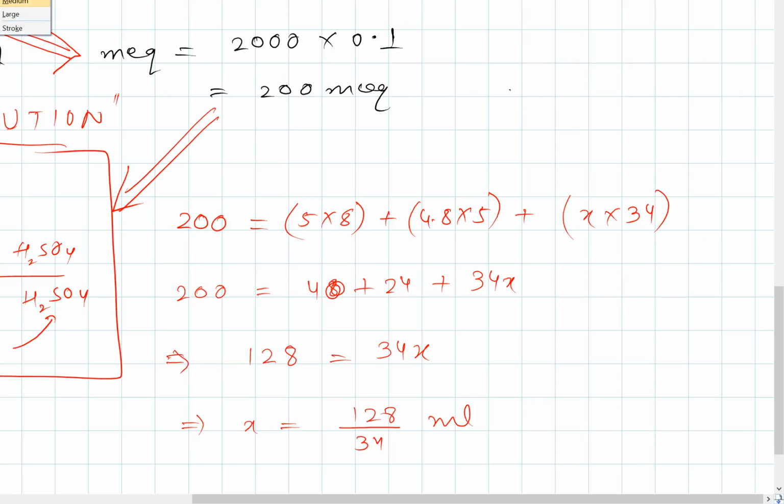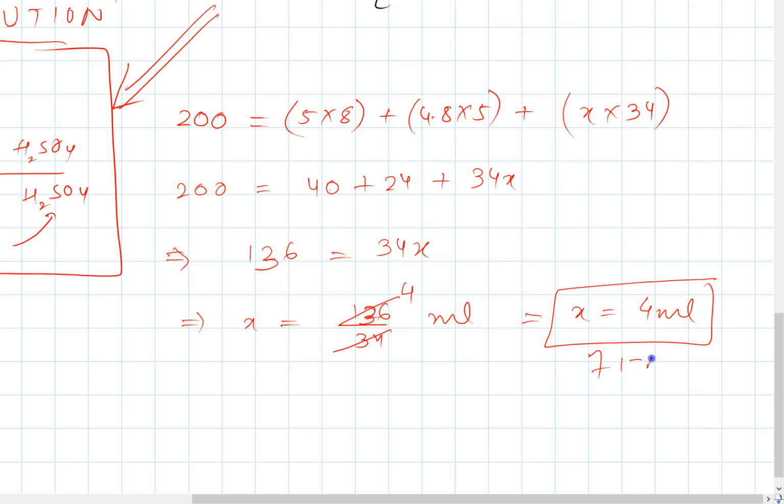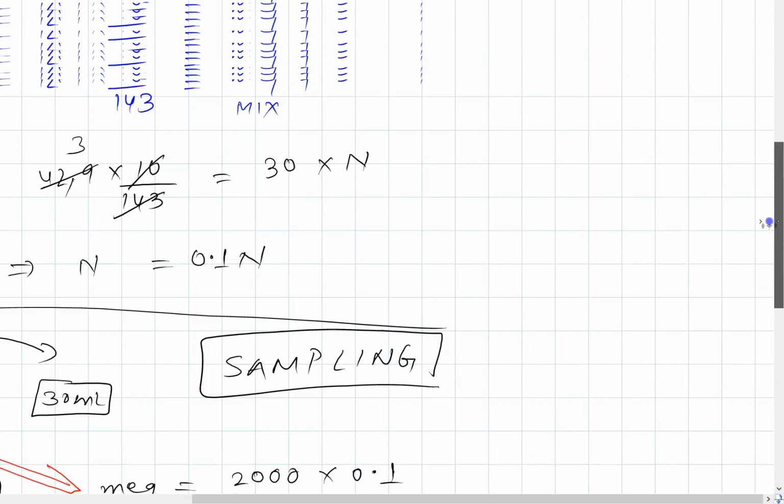Sorry, we'll do a little calculation change. 5 8s are 40 plus 24 is 64. 200 minus 64 is 136. So it will be 136 divided by 34. It will cancel, 4 times. So x is 4 milliliter. So you had added 4 milliliter of 17 molar H2SO4 to that mixture. That's the first part of the question.